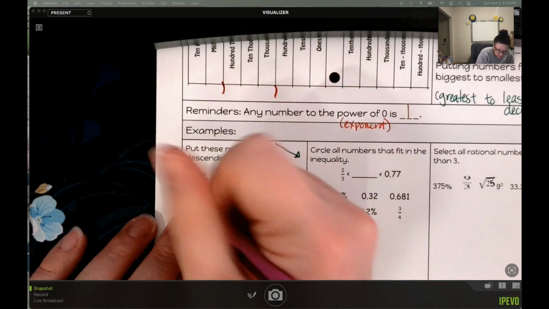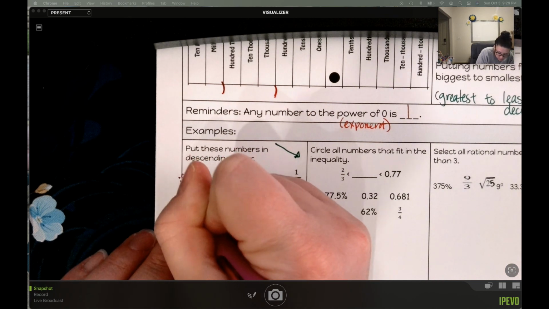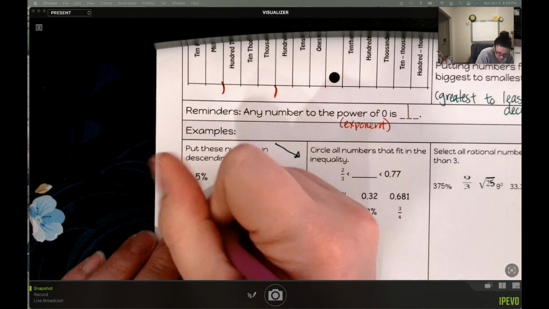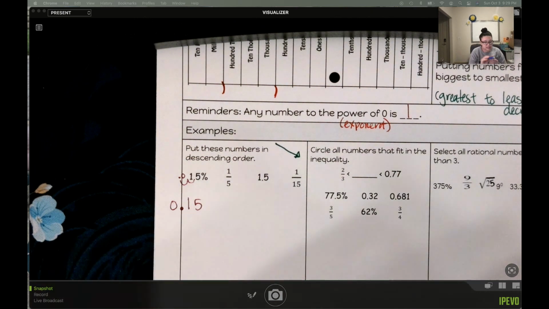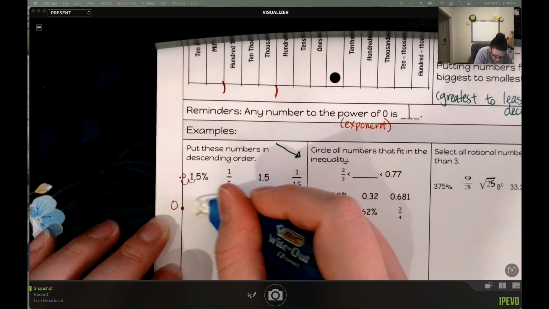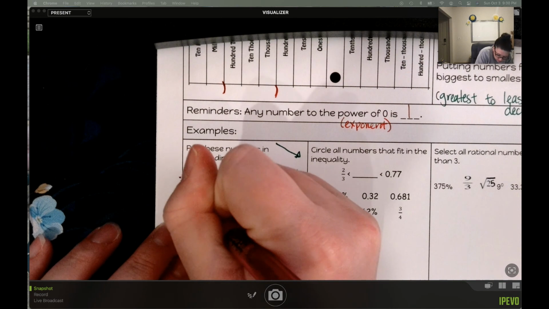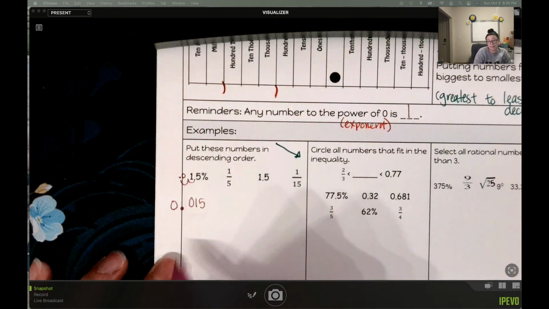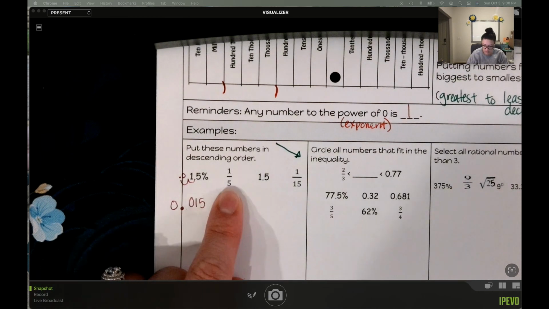So this number becomes 0.15. Oh, girl, 0.15. I messed that up. Give me a second. Let's get some white out. 0.015. I'm using this line to help me line my decimals up so I can compare place value. So there's our first number.